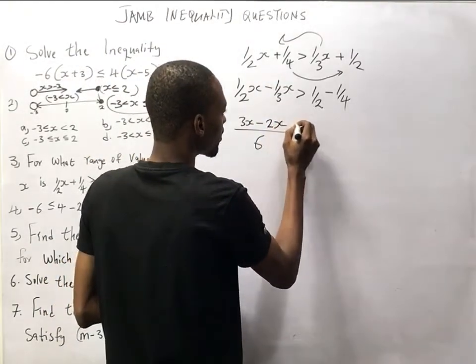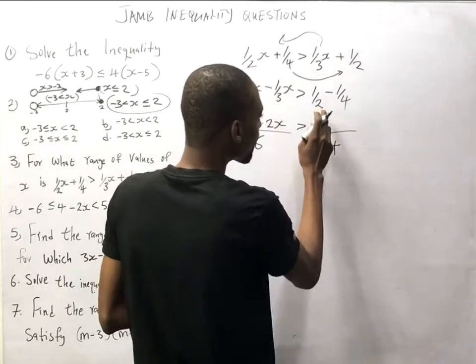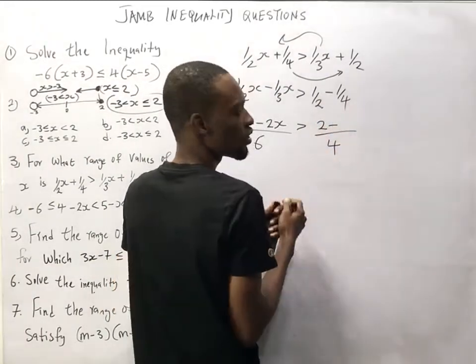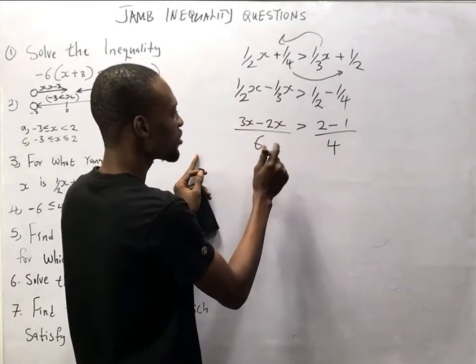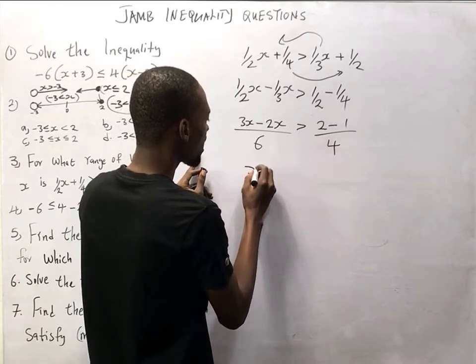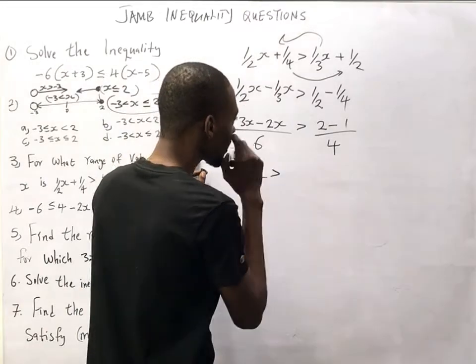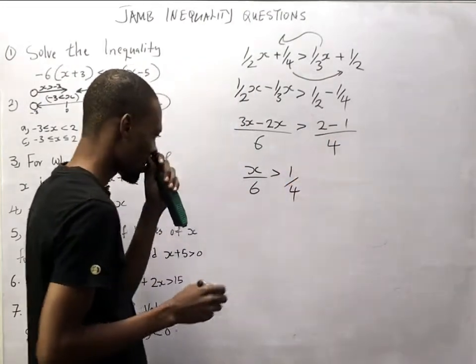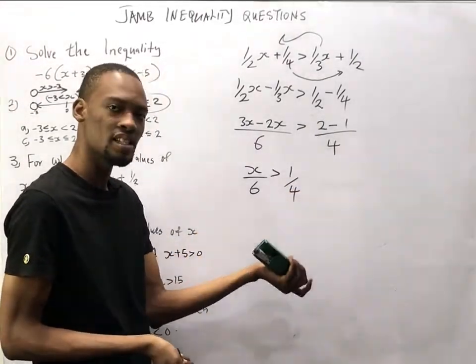So here is 2s greater than. The LCM here is 4. 4 divided by 2 is 2. 2 times 1 is 2 minus 4 divided by 4 is 1. 1 times 1 is 1. Given this, 3s minus 2s is simply s over 6. s over 6 is greater than 2 minus 1 is 1 over 4. So in this place, you can choose to cross multiply or multiply here by 6.